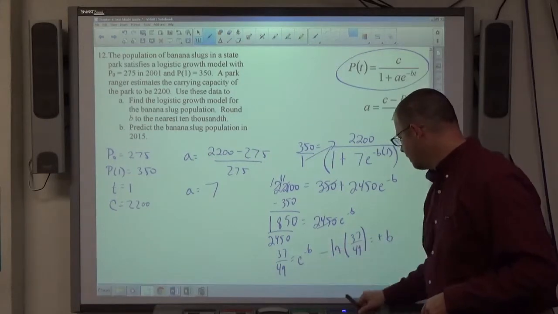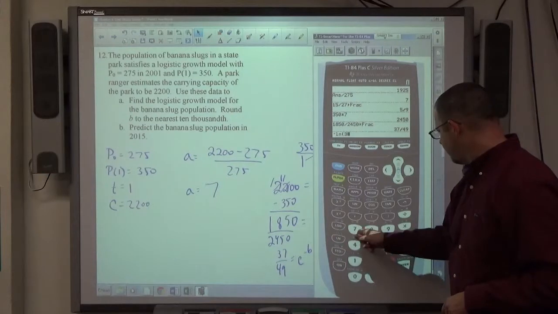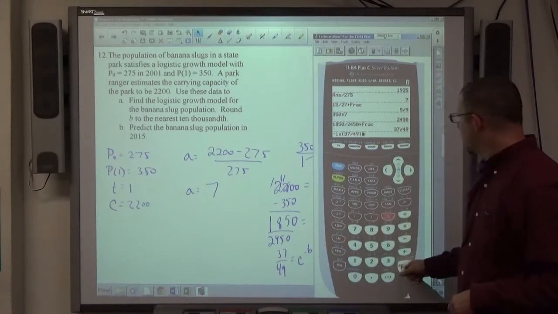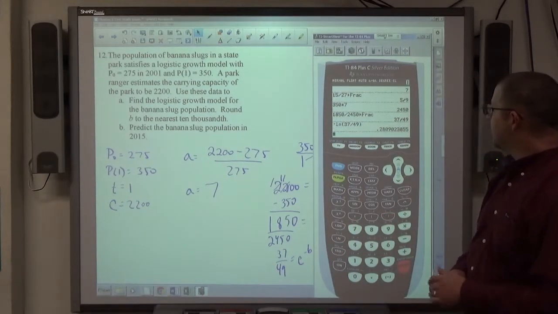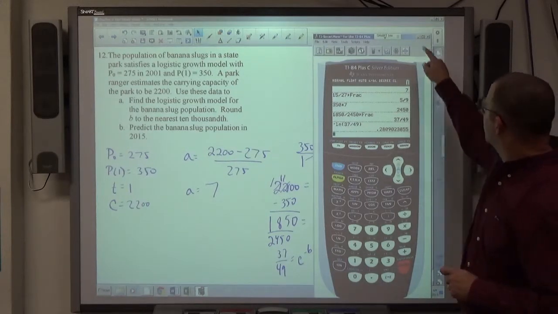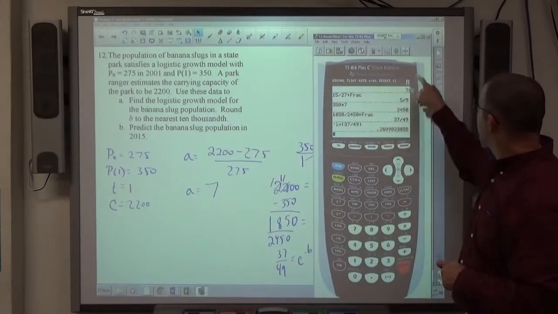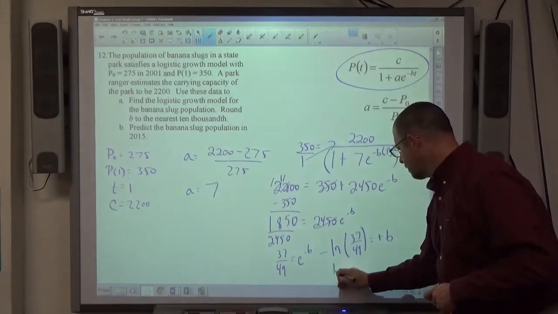Change the signs. And if I do negative ln of 37/49, we get b, yeah, b is 0.2809. Round b to the nearest 10,000th, so 0.2809.